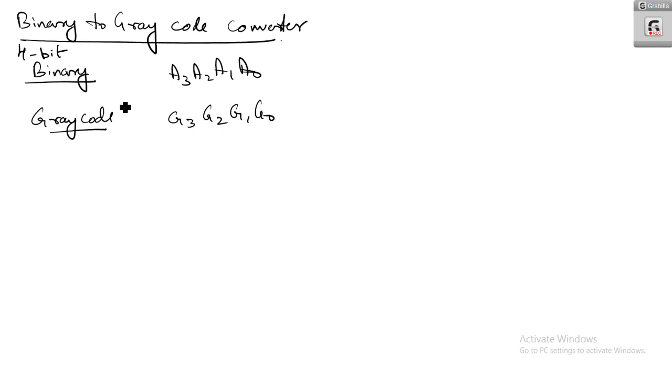Now we need to know how to convert between these codes based on Boolean expressions. The conversion formula that is already dealt with in module 1 is: G3 is A3 itself.